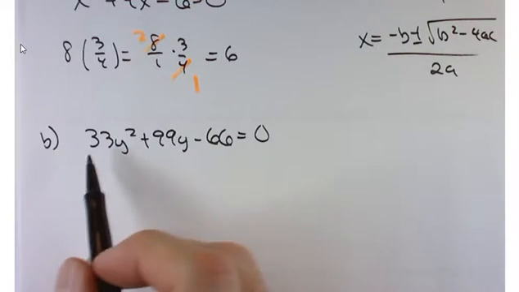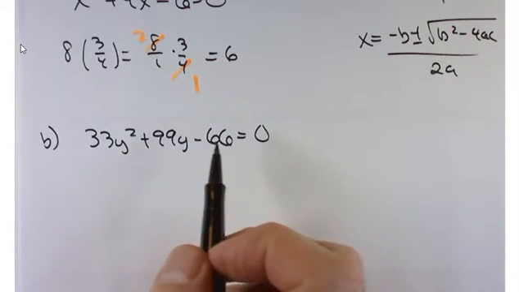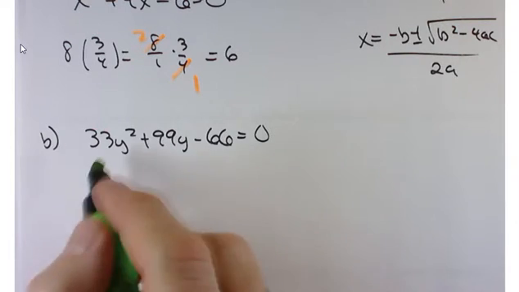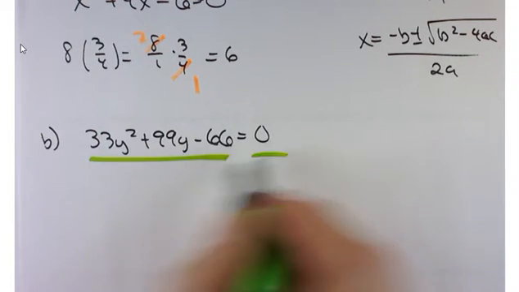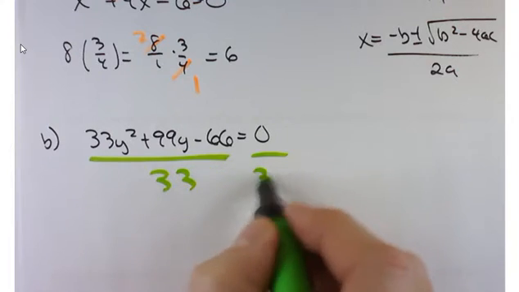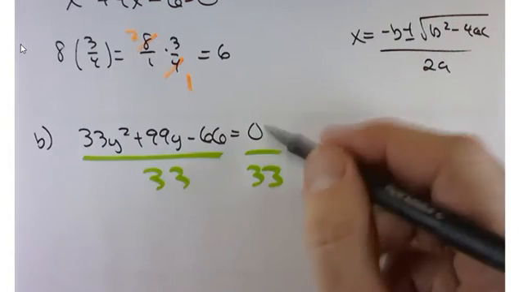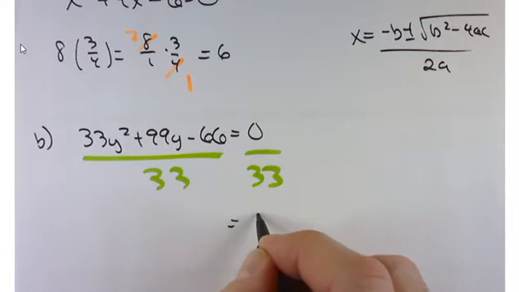Does anything catch your attention about all three of these numbers? They're all divisible by 33, right? So what if I divided this side and this side by 33? And being the very conscientious and thoughtful instructor that I am, I'll help you out on the right-hand side. We get 0.